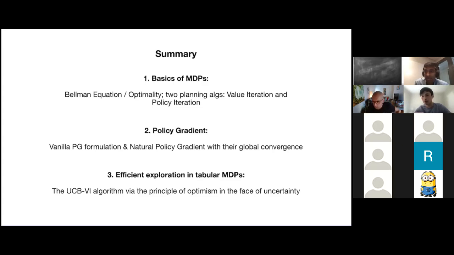And the Fisher information matrix is basically just the Hessian of the KL divergence between the two trajectory distributions, which has nothing to do with the reward function, for instance.